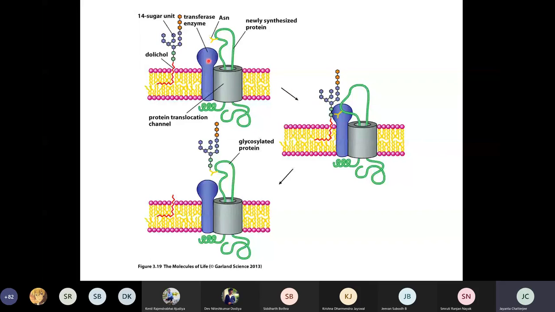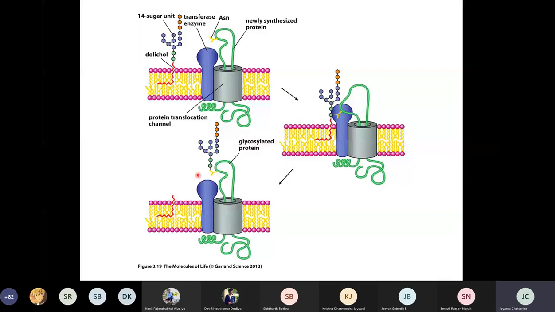What this oligosaccharide transferase enzyme does is bring both of these together, because there is a specific pocket. There is a specific site for the asparagine to dock, and also a specific site for the dolichol containing the mannose unit to dock, and then the enzyme transfers this entire 14 residue oligosaccharide unit onto the asparagine chain.